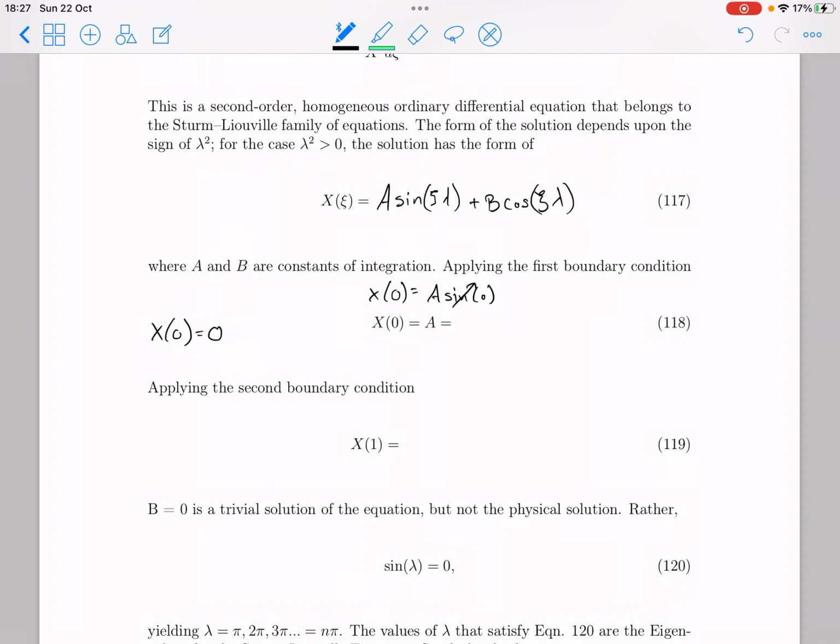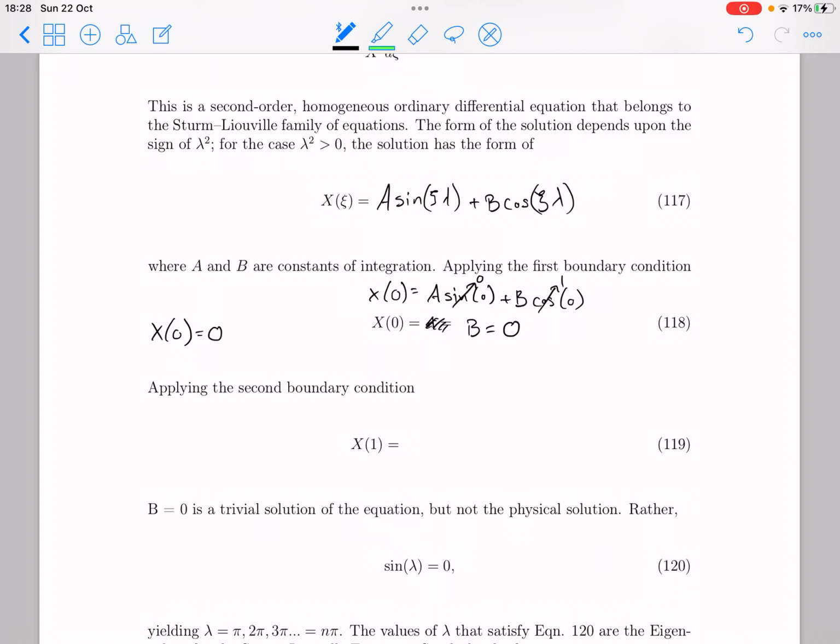Obviously, that vanishes. Plus B cosine of 0. That's 1. And so this gives us, contrary to what we have written here, that B equals 0.